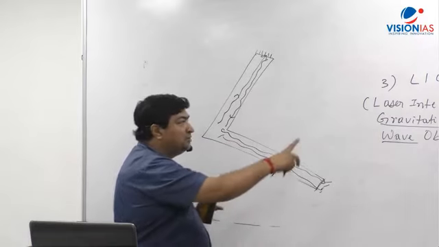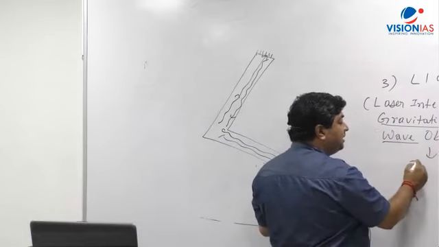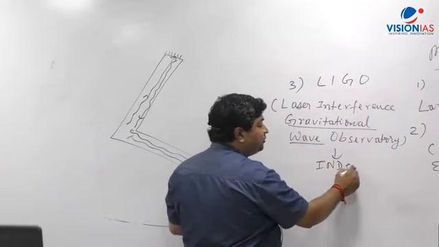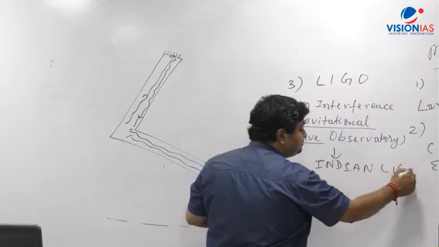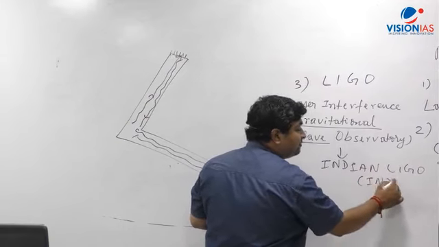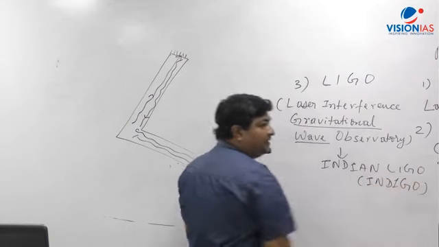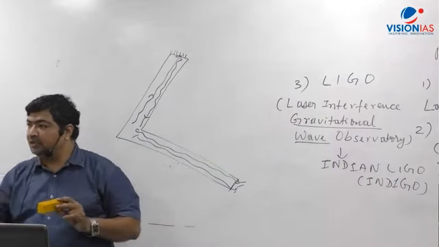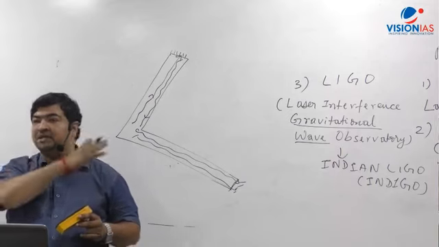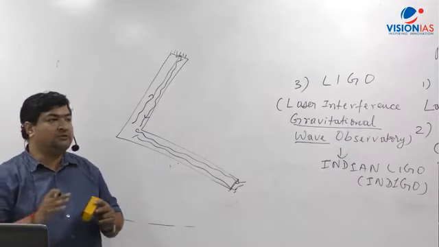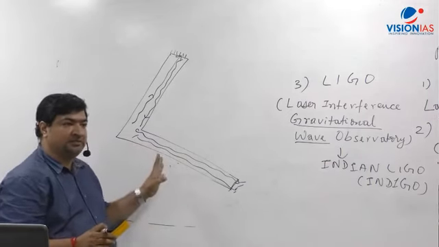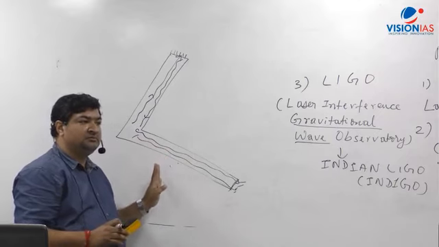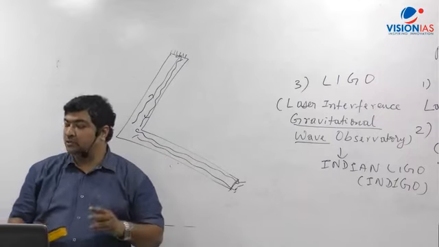So India is going to have Indian LIGO. And where in India will we have such a facility? Hingoli, Maharashtra. So what I have done here is to make you understand the three major mega science projects. All such mega science project questions have come in the UPSC exam. So this is what you remember.